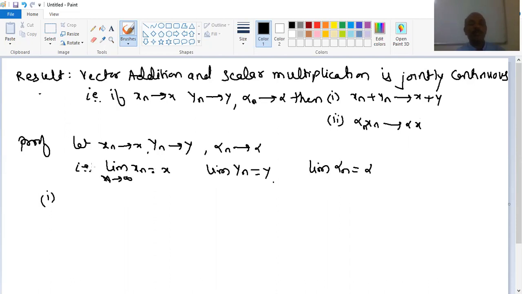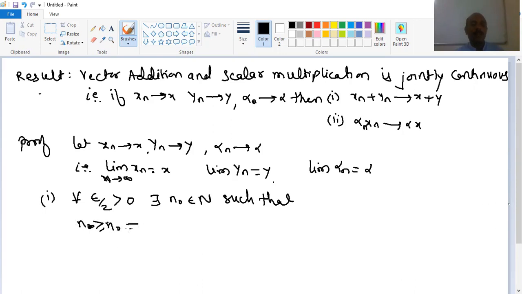For this, limit xn is equal to x means for every epsilon by 2 greater than 0, there exists n0 belonging to N such that n greater than or equal to n0 implies norm of xn minus x less than epsilon by 2.